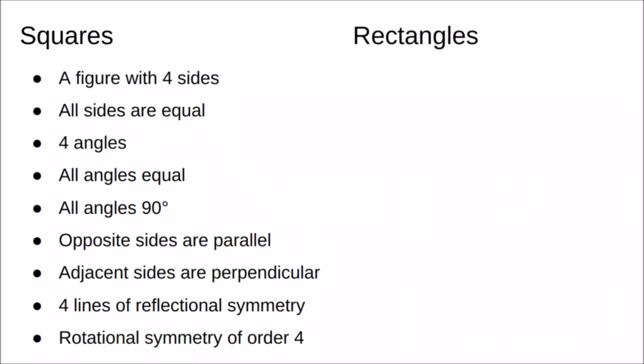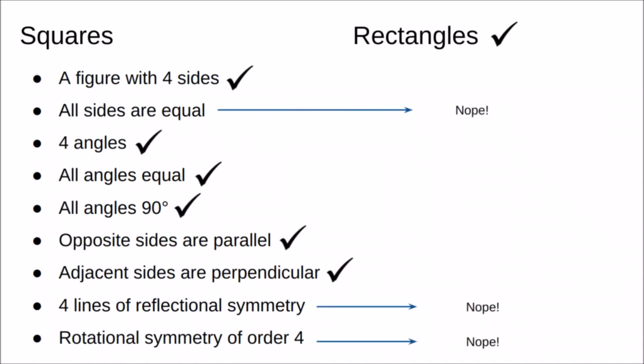We go through the list we made for squares and decide if the statement is also true for rectangles or what we would need to change to make it true. At this point, I ask if we all feel pretty confident that we can recognize a square if we see one, or if we can tell the difference between a square and a rectangle. We are now ready for the dividing into squares activity.